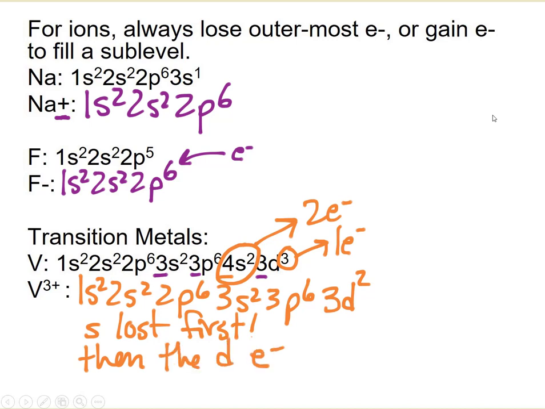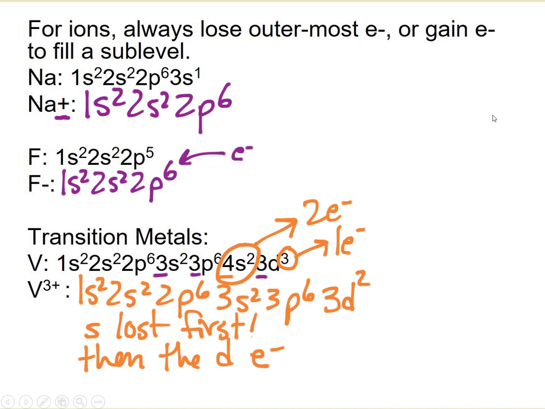So again, s is lost first because that will always be higher than your d, and then you can lose your d electrons. Because of this pattern of how electrons are lost, this is why transition metals have multiple oxidation numbers. So they can lose those s electrons, usually together, but then they can lose the d electrons one at a time.